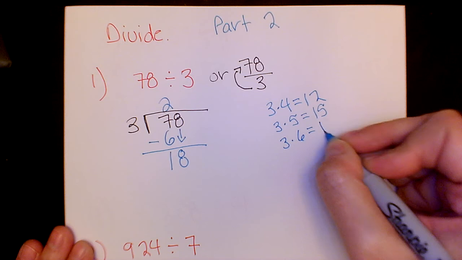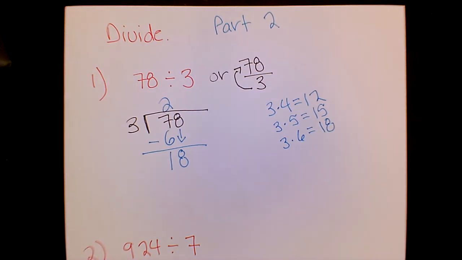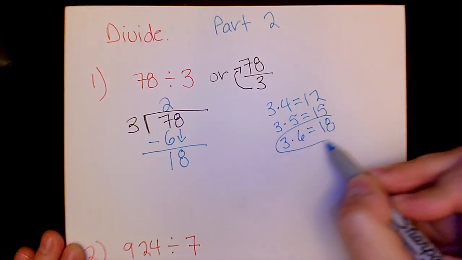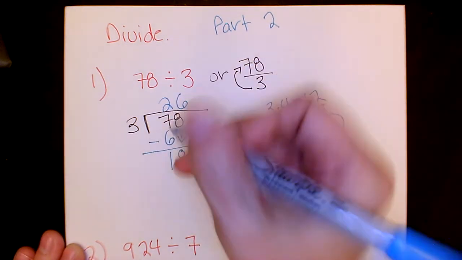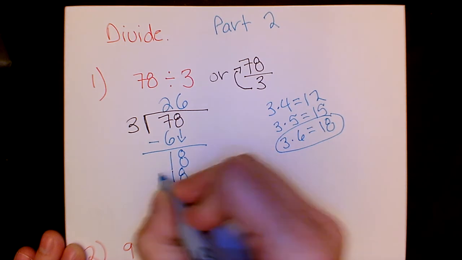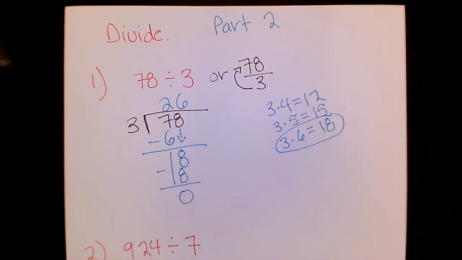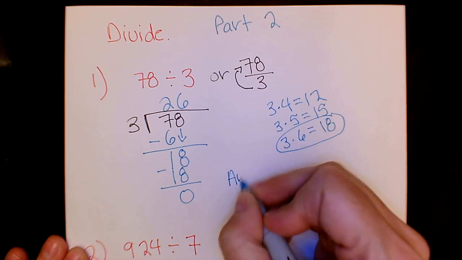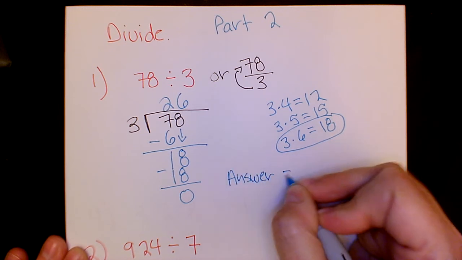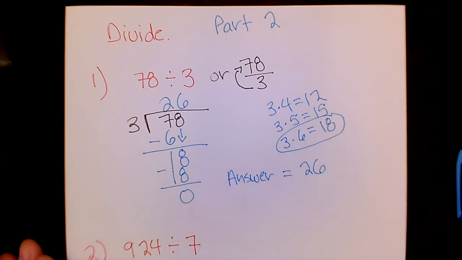Oh. 3 times 6 is 18. So we put the 6 up there. So my answer is 26. So 78 divided by 3 is 26.